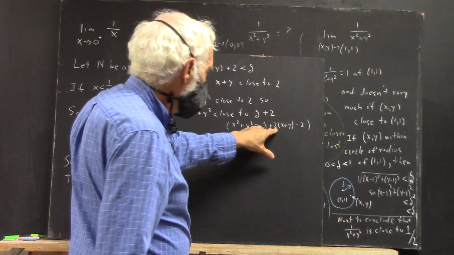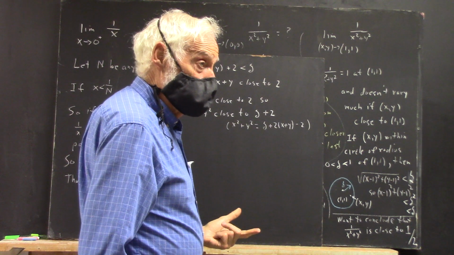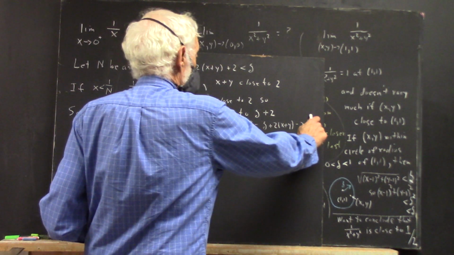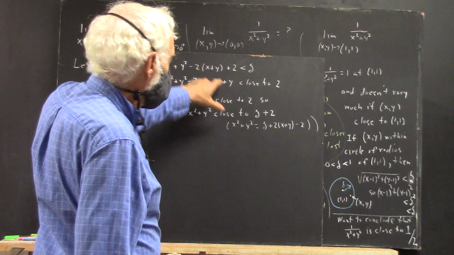If this is close to 2, then this is close to delta plus 2, right? Okay. So how close is x plus y to 2?